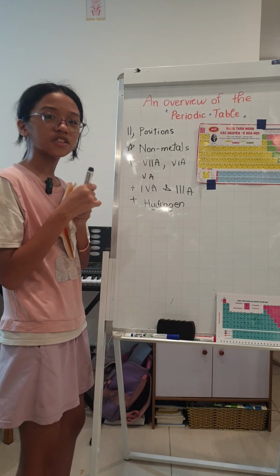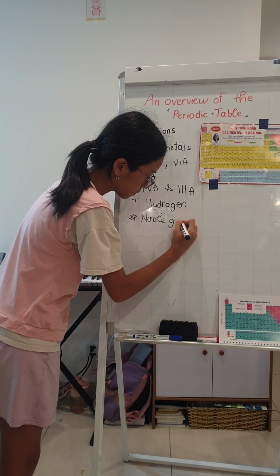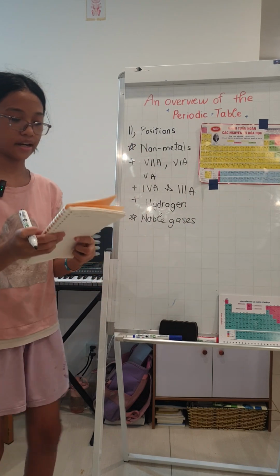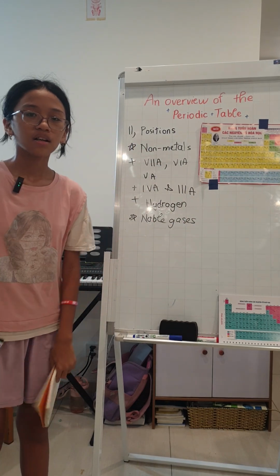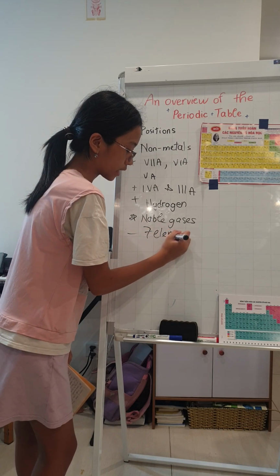We quickly move on to the last type. Noble gases. Okay, I'll be quick. There are 7 elements that are noble gases.